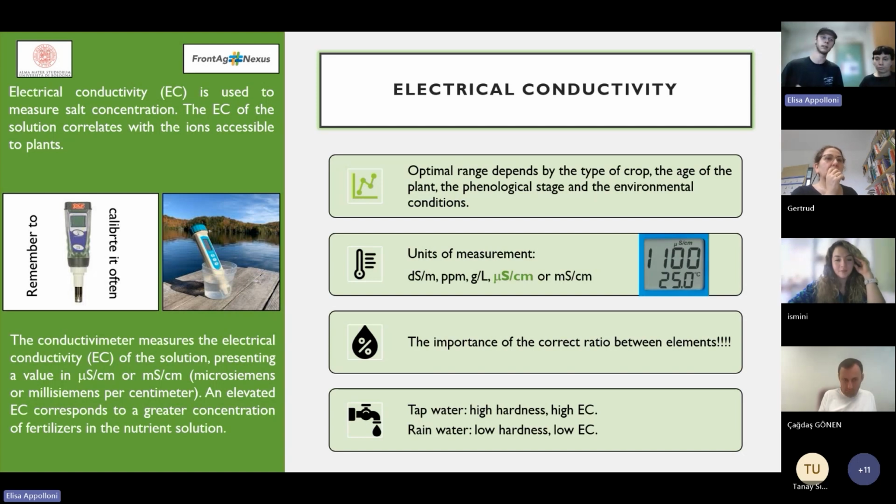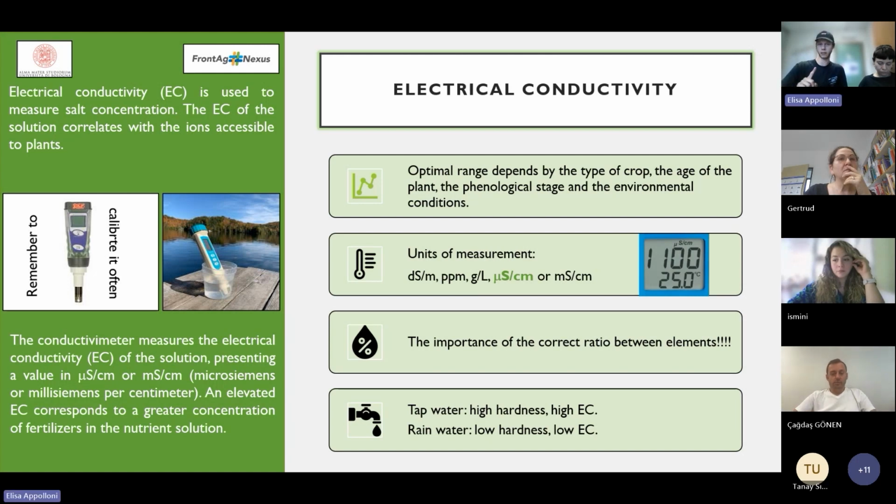It is an instrument that gives us a number presenting a value in microsiemens per centimeter or millisiemens per centimeter. The optimal range of electrical conductivity depends on the type of crop, the age of the plant, and the phenological stage, but also on the environmental conditions, and we will see after why.